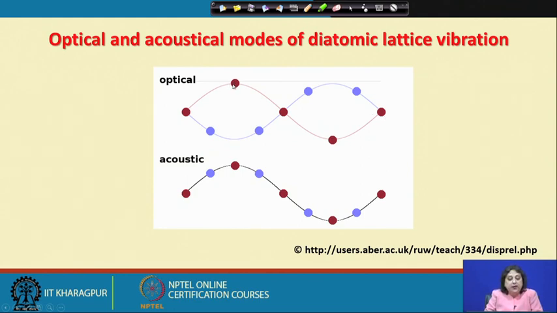If it so happened that they carried charges, so this had a positive charge and this had a negative charge, this kind of vibrational pattern will generate a charge separation, which will be able to couple to incoming light. That is the only way a phonon can interact with impinging light in the system, and that is the reason why this type of vibrational modes are called optical modes.